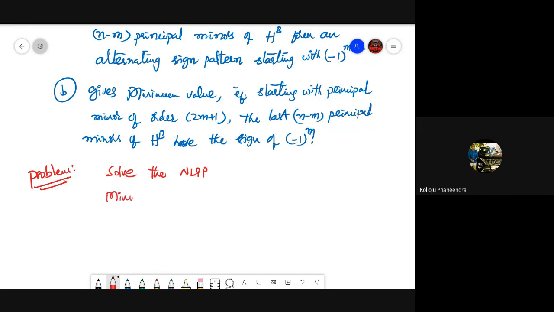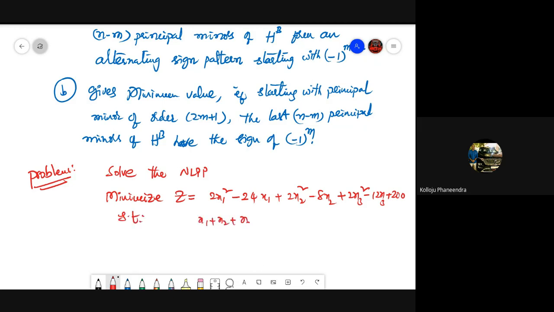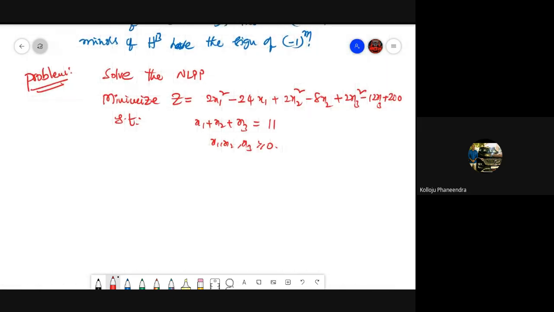Minimize z equal to 2x1 square minus 24x1 plus 2x2 square minus 8x2 plus 2x3 square minus 12x3 plus 200, subject to constraint x1 plus x2 plus x3 equal to 11, and the non-negative restrictions x1, x2, x3 greater than or equal to 0.